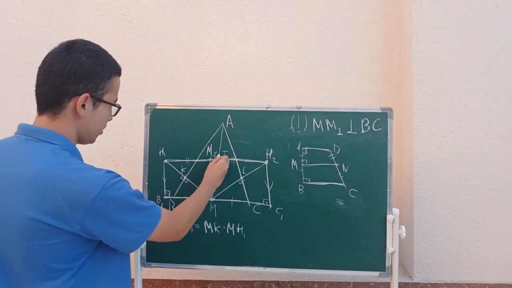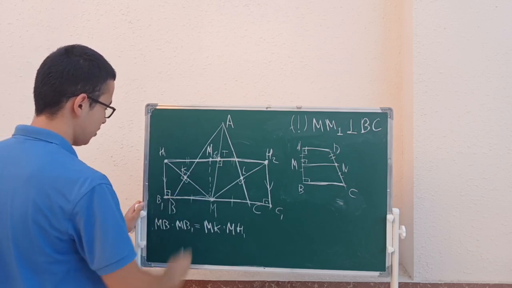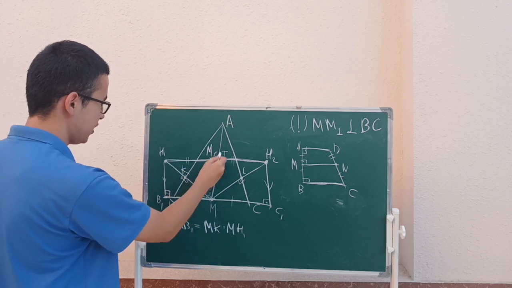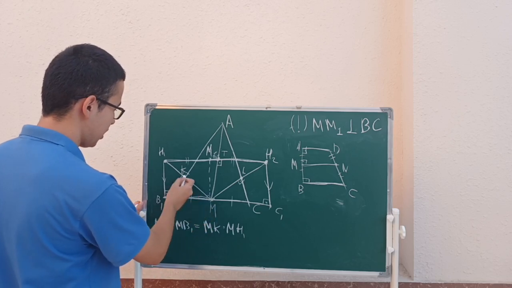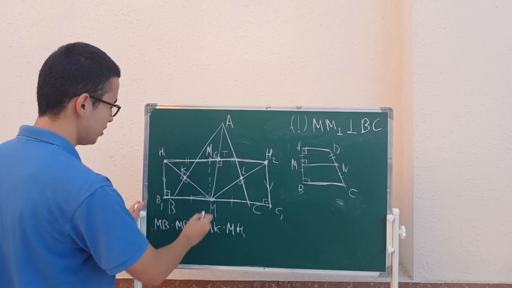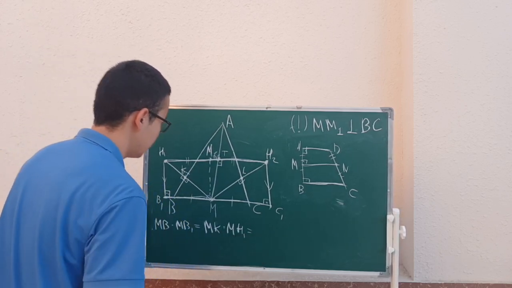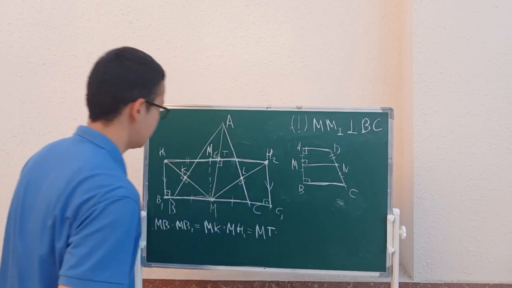And because that angle is also 90 and that angle is also 90, we can see that H1KTA is also cyclic, which means that MK times MH1 is equal to MT times MA. So that is equal to MT times MA.